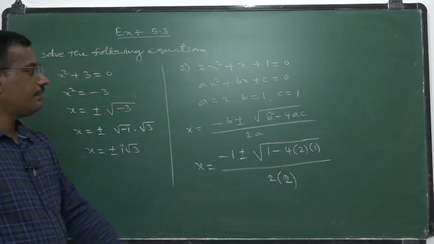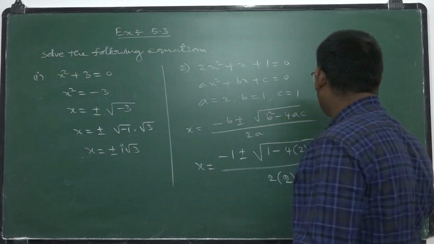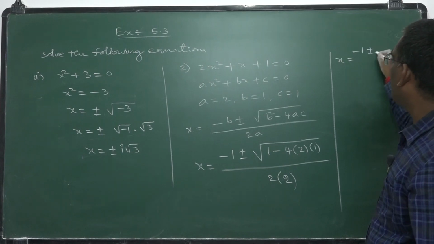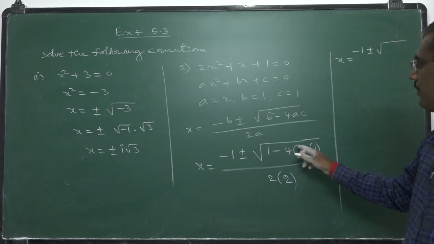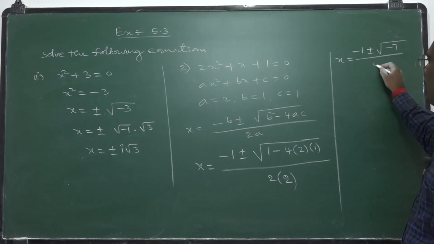Now simplifying this, you get the answer. x equal to minus 1 plus or minus root of, so 1 minus 8, that is minus 7 by 4.